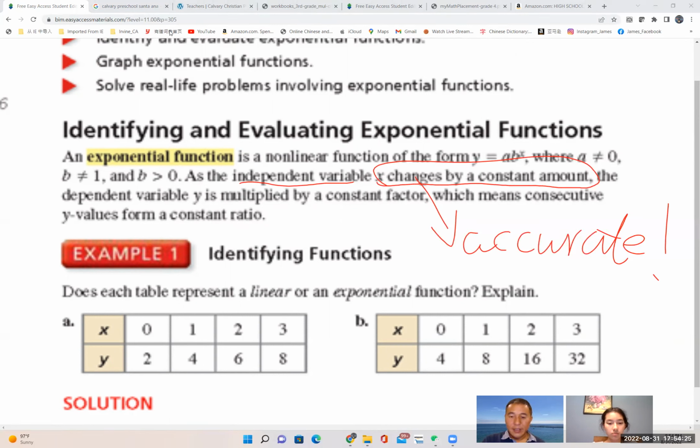For problem 54, you should mention, this is a conclusion: because the independent variable x doesn't change by a constant amount. When y has a constant factor, x doesn't have a constant change amount. Anyway, I think consistent is too general.